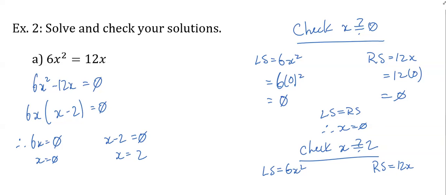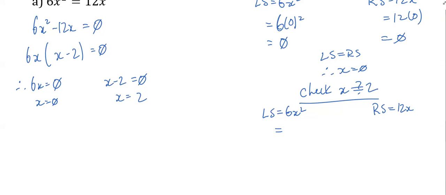So 2 squared is 4. 6 times 4 is 24. 12 times 2 is 24.